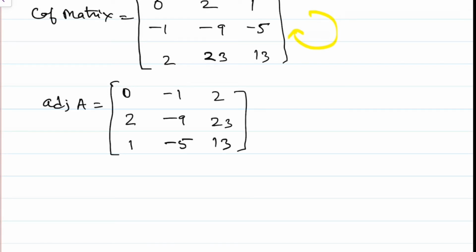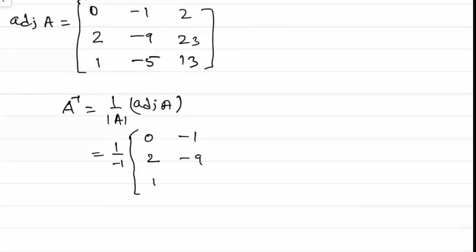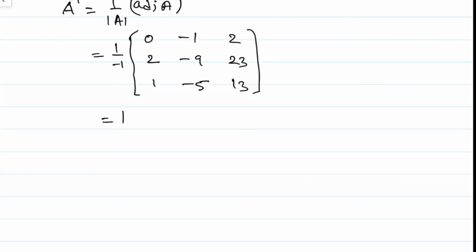So A inverse equal to 1 upon determinant A into adjoint A. So determinant A is minus 1, and minus 1 will distribute to each and every element of the matrix. So A inverse will be equal to [0, 1, minus 2; minus 2, 9, minus 23; minus 1, 5, minus 13].